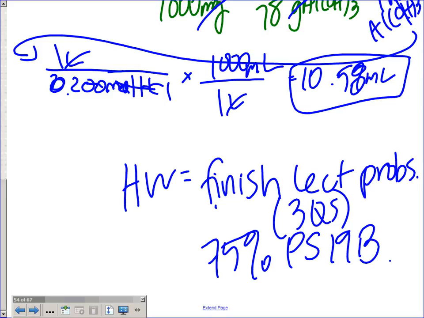Staple your problem set and your labs. Guys, please don't waste your time. You have stuff to do.